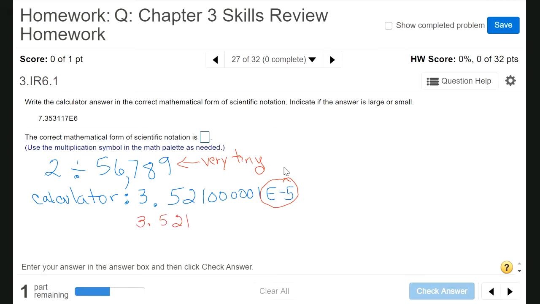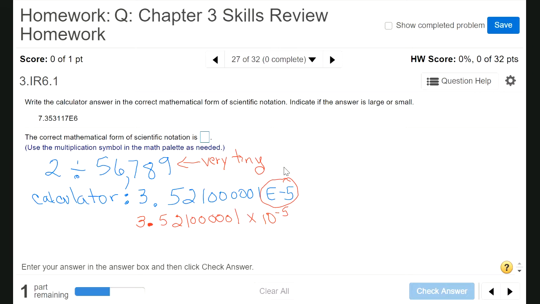I'm going to round this a little bit. Well, I guess I can put it 1, 2, 3, 4, 5 there. Times 10 to the minus 5 power. That's what that E minus 5 means. It means the power on the 10 in scientific notation is negative 5. And what that tells you is that the decimal point needs to be moved 5 places to the left.